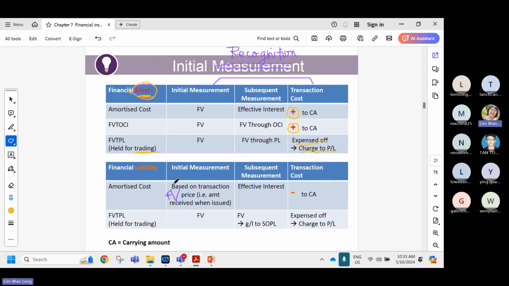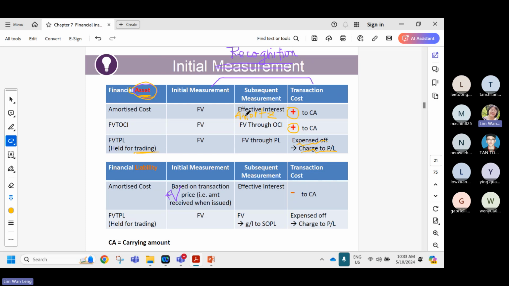Okay, then for the subsequent measurement, what you're going to do? At amortized cost, your subsequent measurement is effective interest. So basically, this is based on your amortization table. Just now you have done the amortization table.